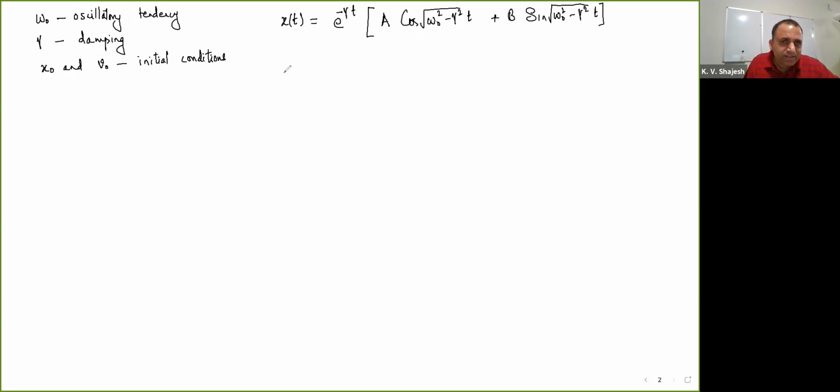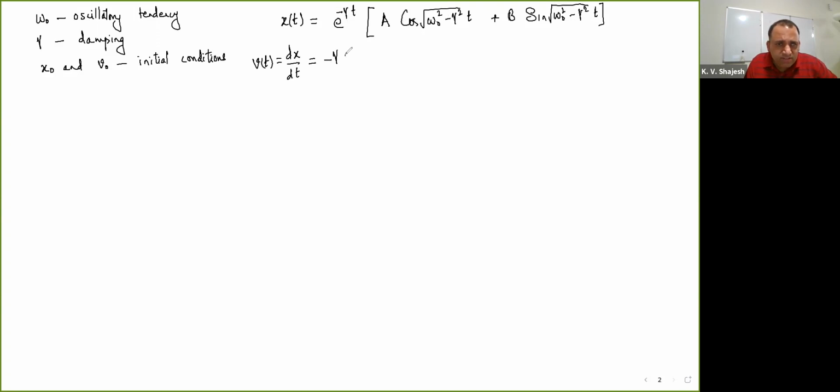For that, I need the velocity itself, so I need to write down the first derivative. So v of t, which is the first derivative of position with respect to time, is equal to, there is time showing in the square bracket and outside. If I take the derivative of the exponential, it brings down a gamma, but then it gives me back the exponential, and that's nothing but x itself.